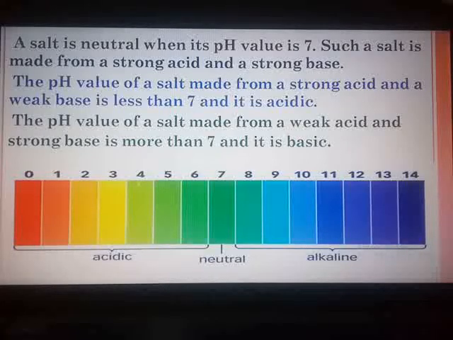I had also told you that you are going to learn more in detail about this pH scale in the chapter acids, bases and salts. So for this chapter you have to remember only these three types of salts.